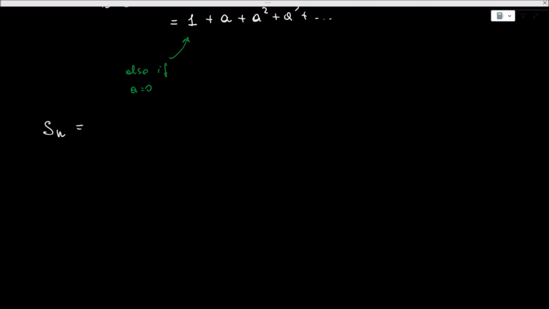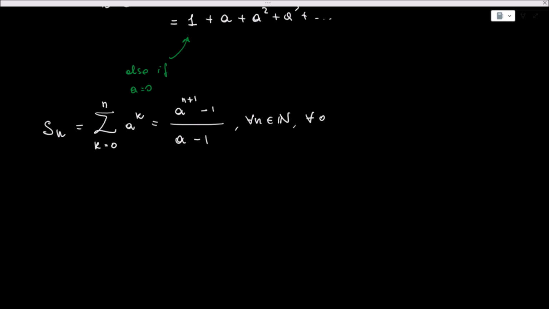We proved that the partial sum of a geometric sequence, the sum k goes from 0 to n of a raised to the k, is given by the fraction a raised to the n plus 1 minus 1, divided by a minus 1. We proved this by induction.